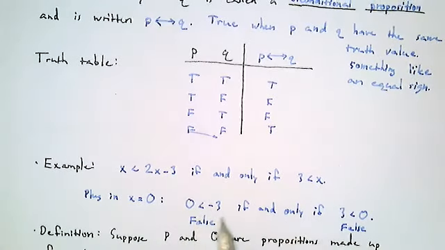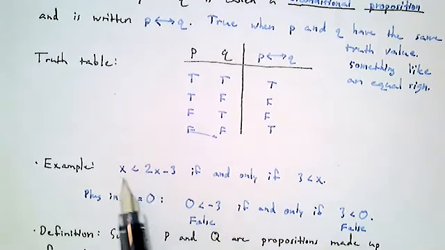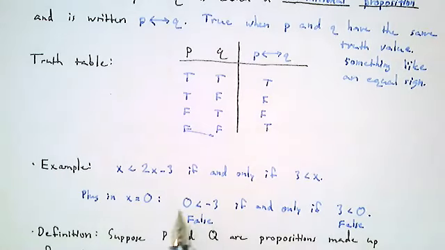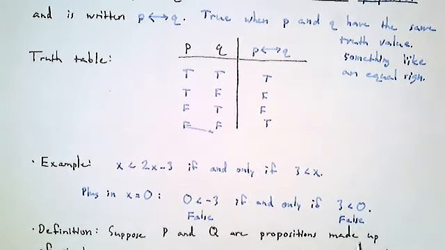So my biconditional statement, my original one, is still true. 0 is less than minus 3 if and only if 3 is less than 0, but they're both false. So I'm not really claiming that 0 is less than minus 3. I'm just saying that this is true if and only if this other thing is true, even if both of them are false.